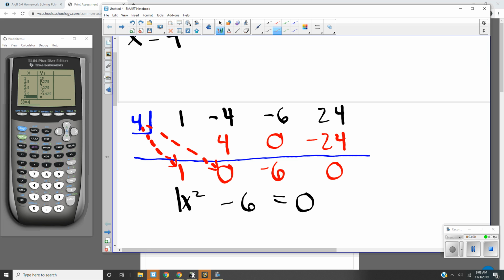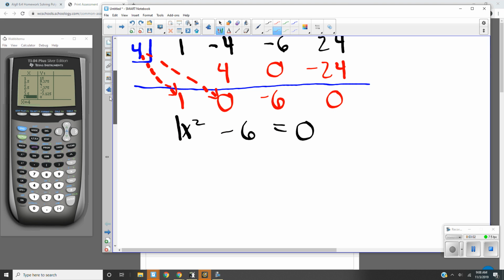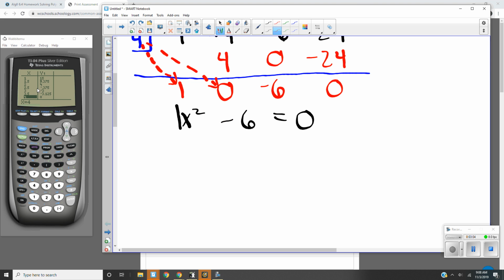At this point, you can solve this using the quadratic formula. A would be 1, B would be 0, C would be -6. Or the faster way would be add 6 to both sides. So you get x squared equals 6. Take the square root of both sides.